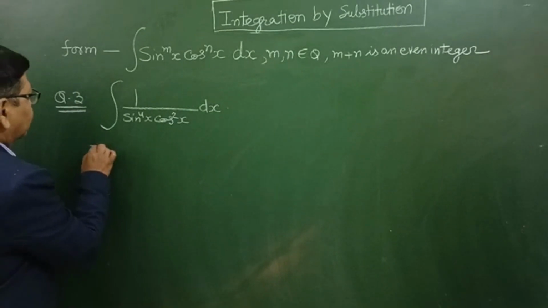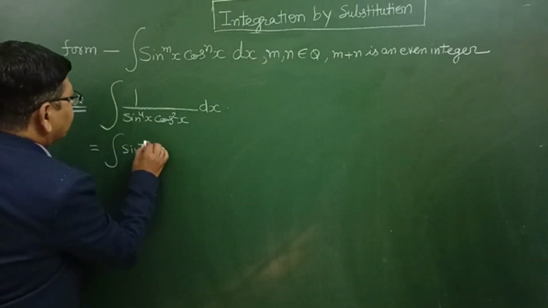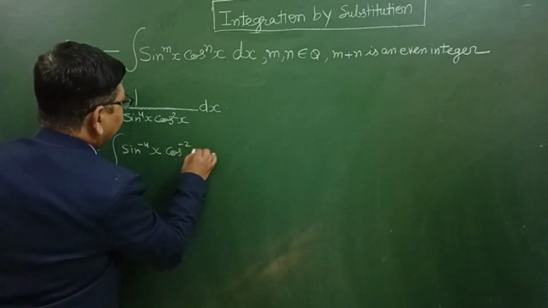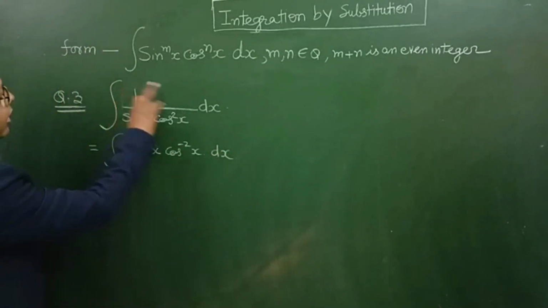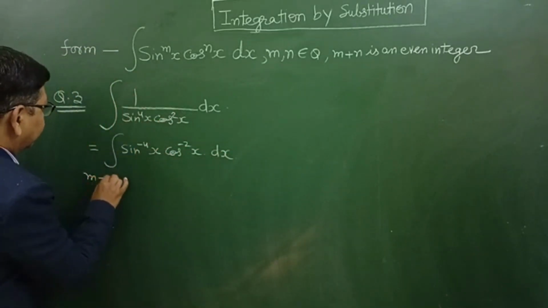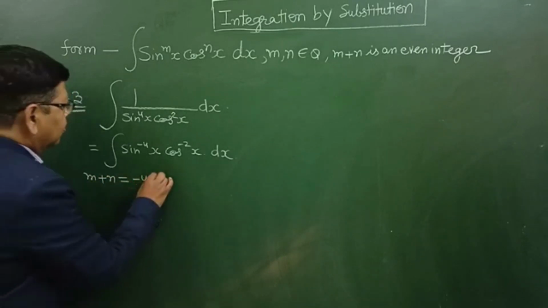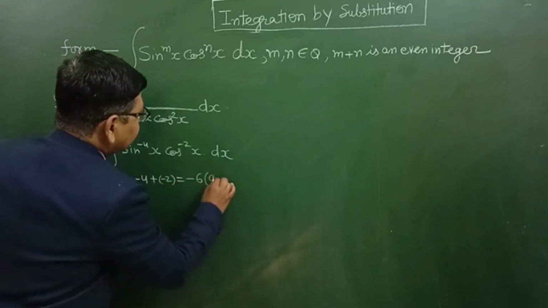So this is equal to the integral of sin^(-4) x cos^(-2) x dx. Now if we add these two, m plus n in this case is equal to minus 4 plus minus 2, which is equal to minus 6, an even integer.